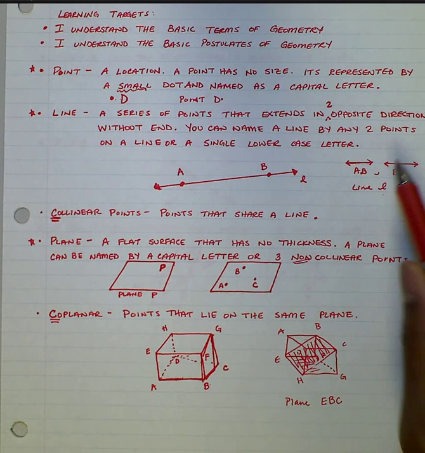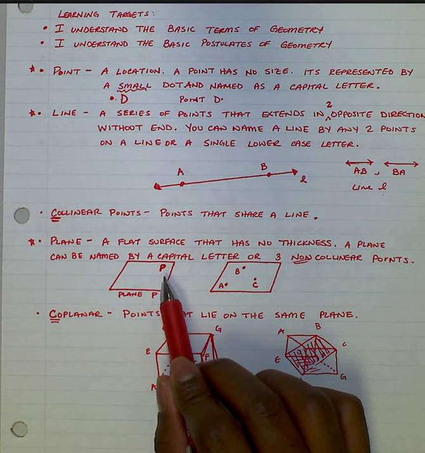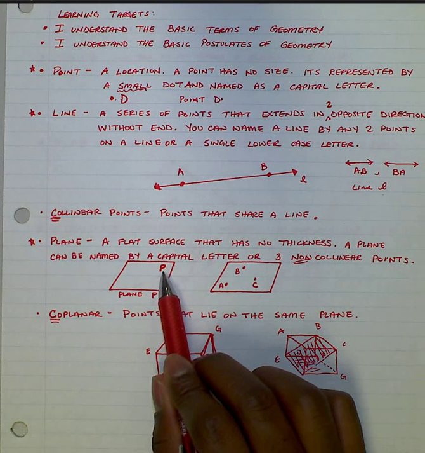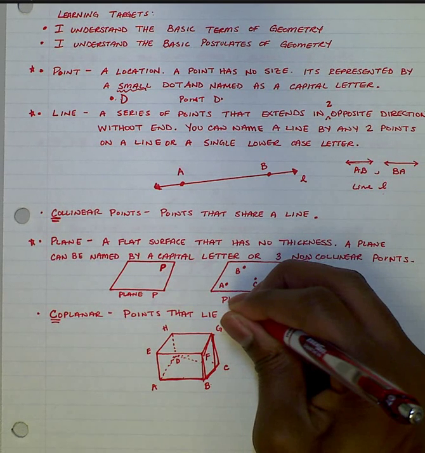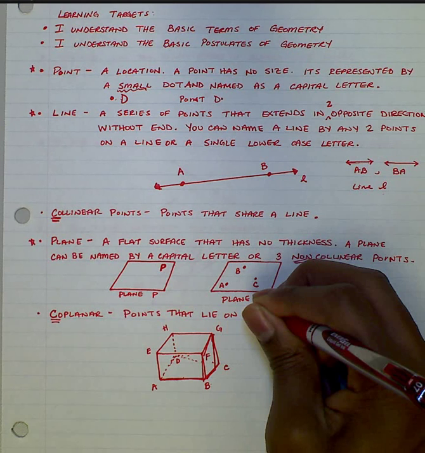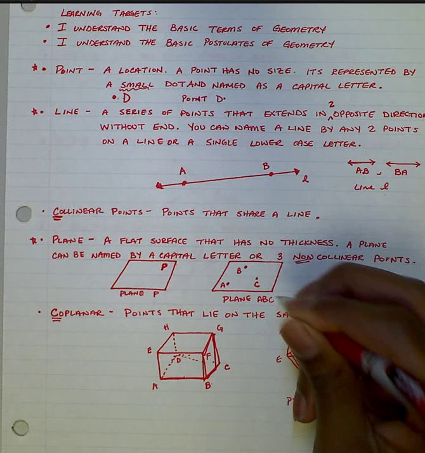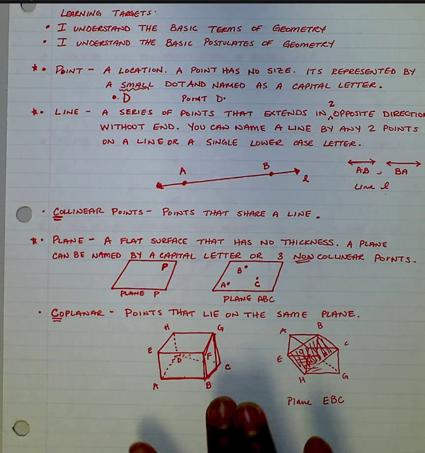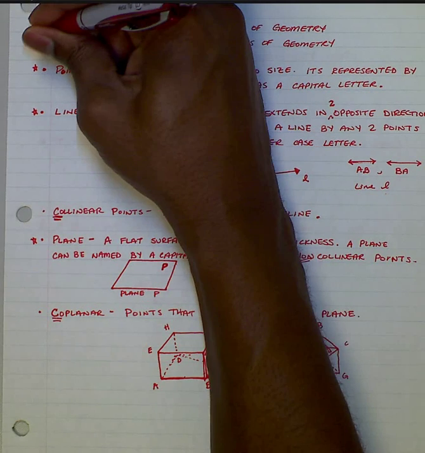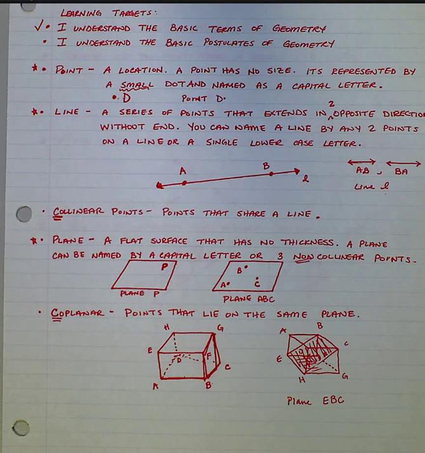And then a plane, you can either name it with a letter that just labels the plane, or you can call this, I should have written this down, plane ABC. Okay, 3 non-collinear points. Okay, they can't lie on the same line. Okay, all right. So those are the basic terms of geometry.